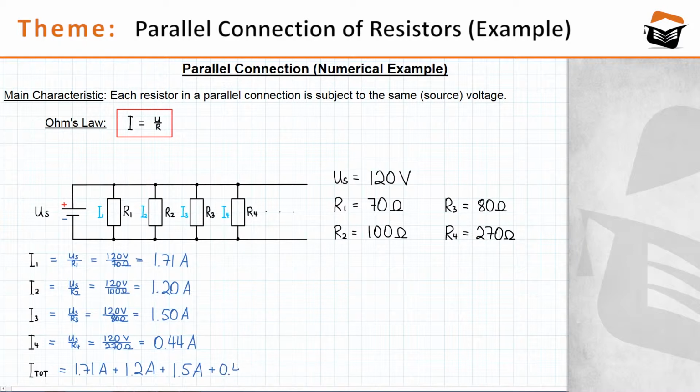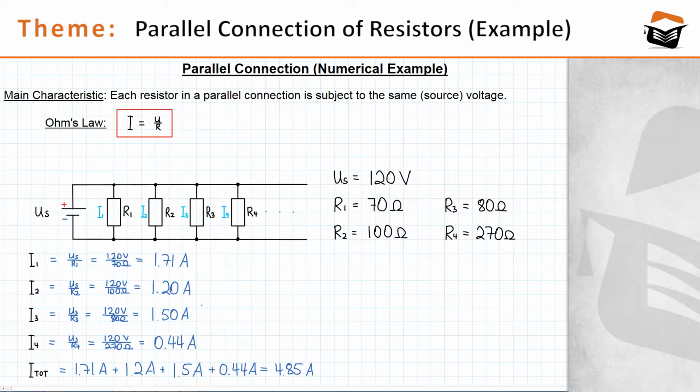If you leave out the unit, you might get points taken off on your exam or your homework. And the sum of all individual currents is 4.85 amps or ampere. So that's your total current. Total current drawn from the voltage source.